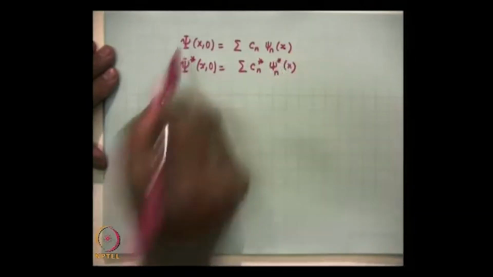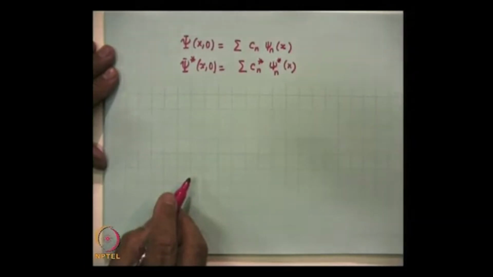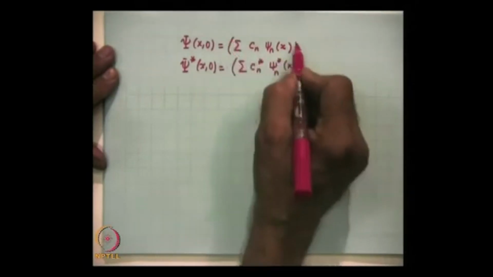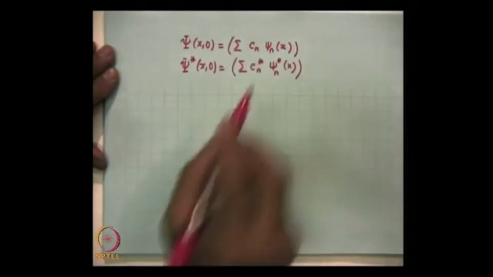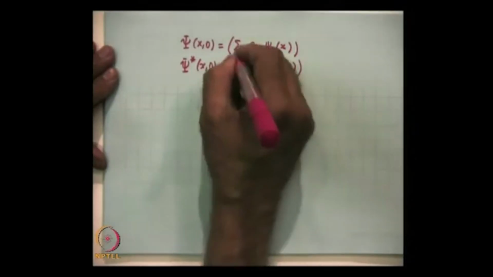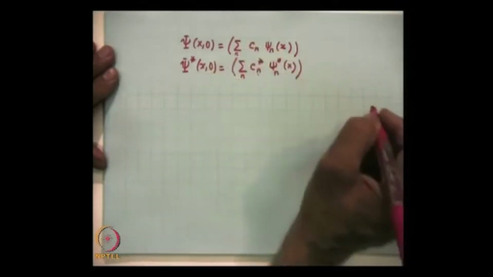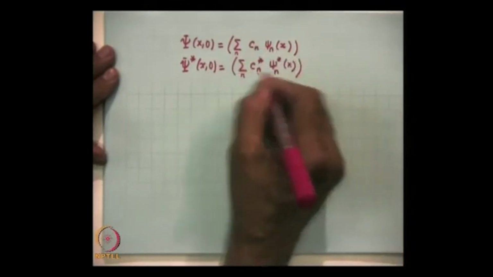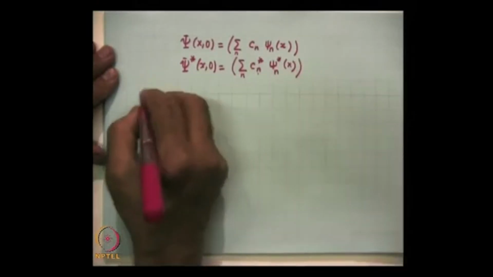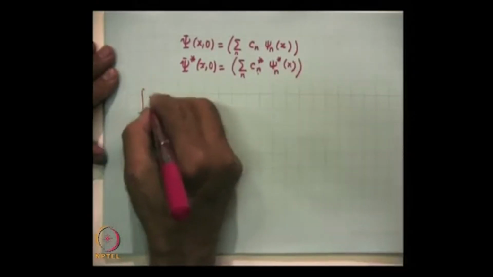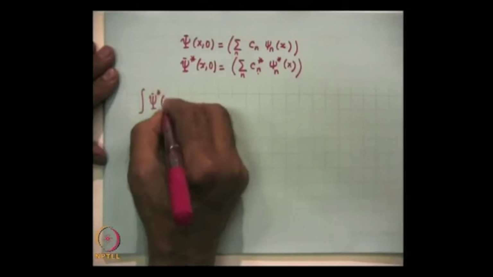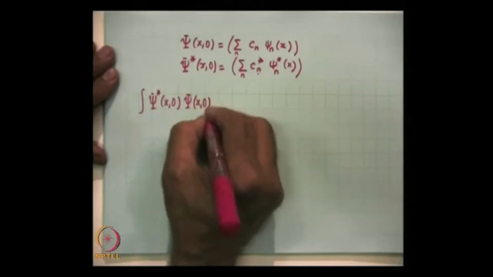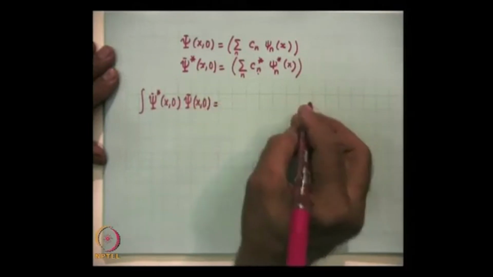If I multiply these, I have to multiply this sum with this sum. Both summations are over n, so that this n does not get confused with this n, I replace n here by m. What I am trying to tell you is that psi star of x comma 0 multiplied by psi of x comma 0, if I multiply the two equations and integrate.